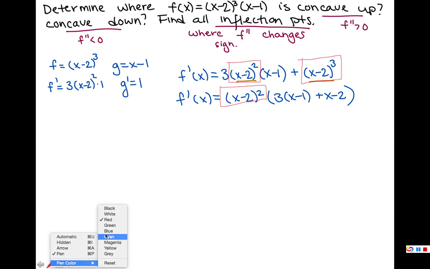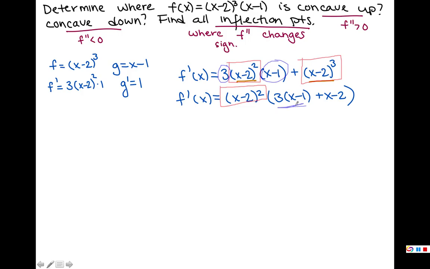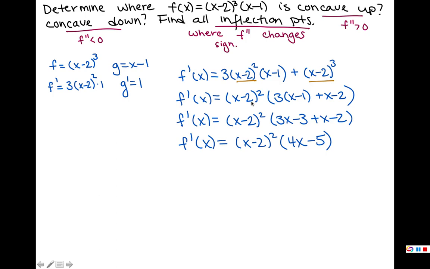When I pull the (x − 2)² out front in the first term, we're left with the 3 and the x − 1. And so that's what I have written down here, 3(x − 1). If I take (x − 2)² out of the second term, well, there's 3 of them, so I have 1 left over. Now, inside the parentheses, I'm going to distribute and combine like terms.